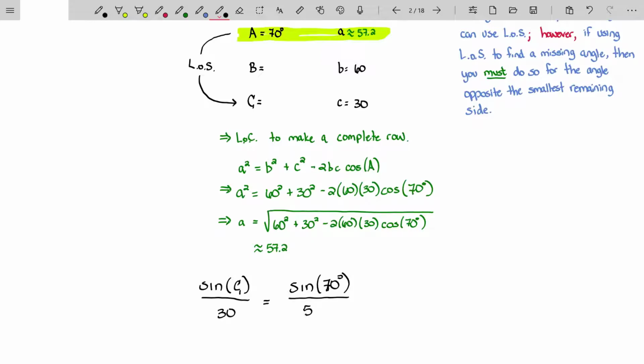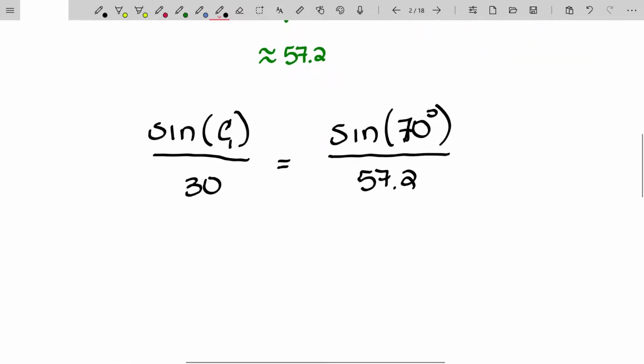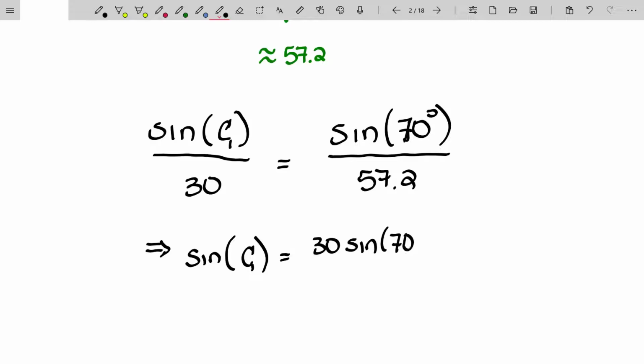Now remember, this side A here is actually an approximation. I'm not going to use 57.2 when I grab a calculator. I'm going to go back to Desmos and use the exact value of that, which is saved in Desmos for me. So multiplying both sides by 30, we get that the sine of C is equal to 30 sine of 70 degrees, divided by, I'll just call it side A, because I'm going to use the A in Desmos.